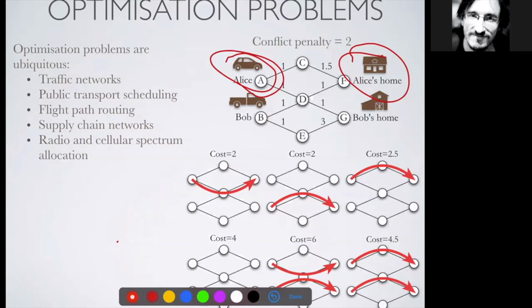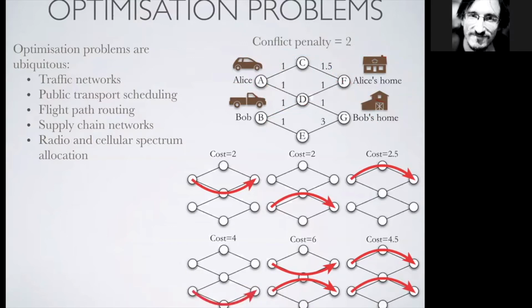So for Alice, it's pretty obvious. She'd go this way. And for Bob, it's pretty obvious he'd go this way. That has distance 1 plus 1 is 2, whereas that one has distance 2.5. Now, if only Alice or Bob ask that question one at a time, it turns out that classically that's a very efficient optimization problem.